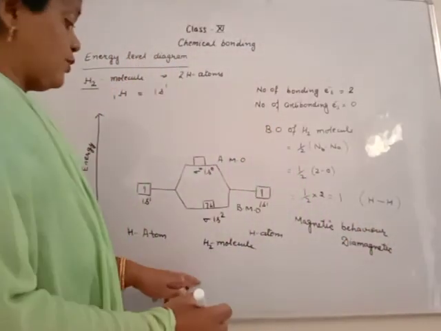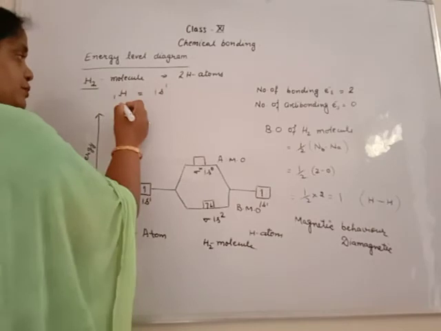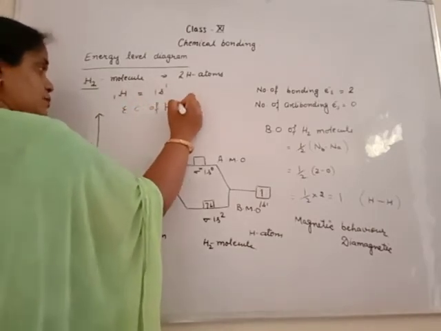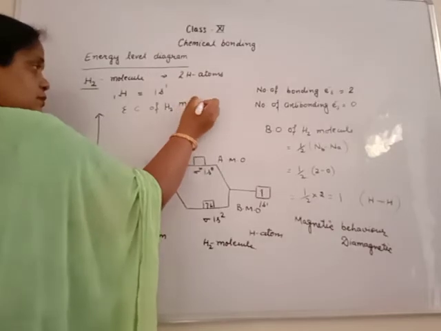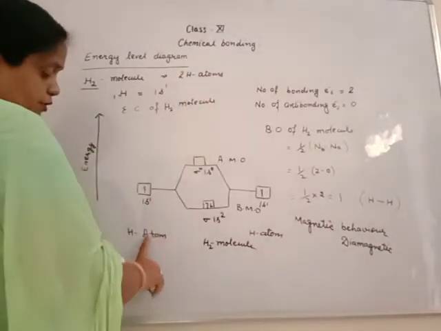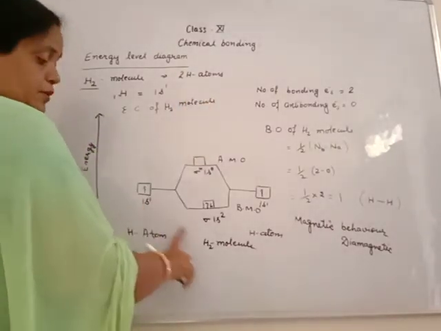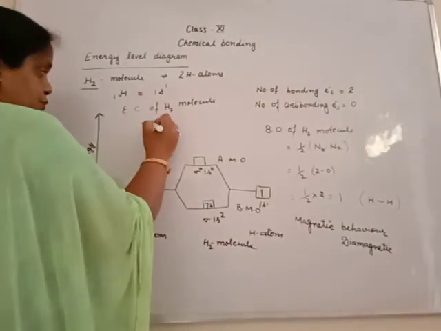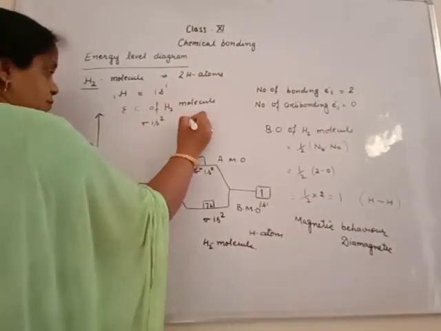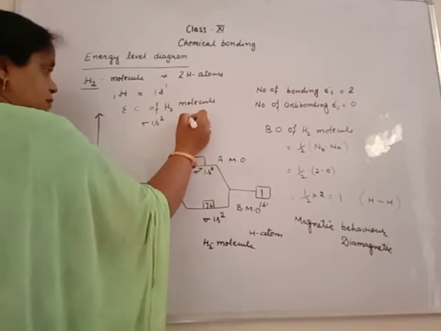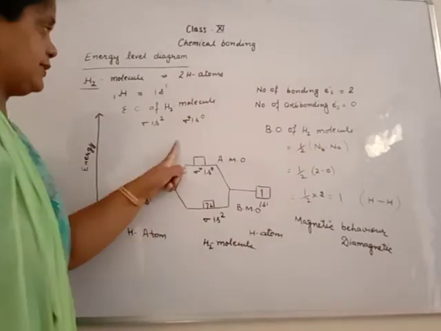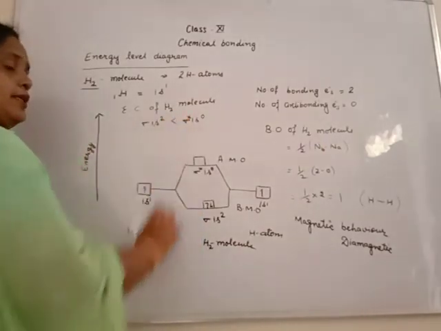Write down the electronic configuration of the hydrogen molecule. Beta, this is the electronic configuration of the atom. The molecule is this one, that is sigma 1s2, sigma star 1s0. Which has more energy? Anti-bonding has more energy.